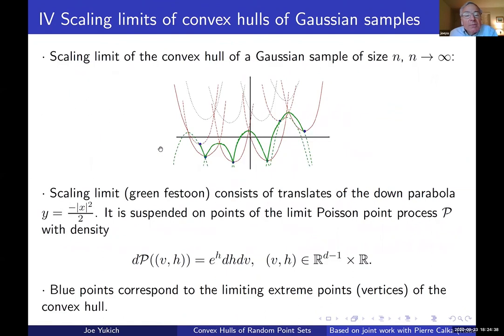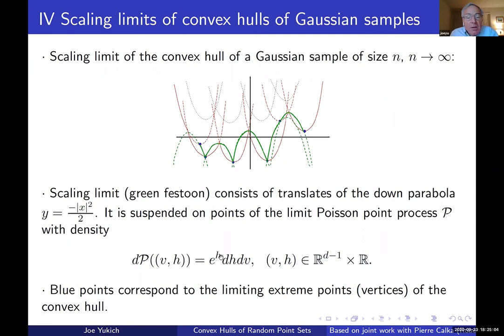Here, it sends points to Poisson points in all of space, not just in the upper half space. There are very few points with small negative height coordinate and many points with large height coordinate. That's this e to the h term here.